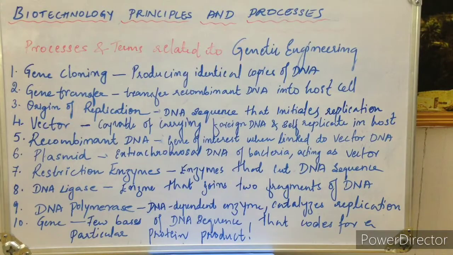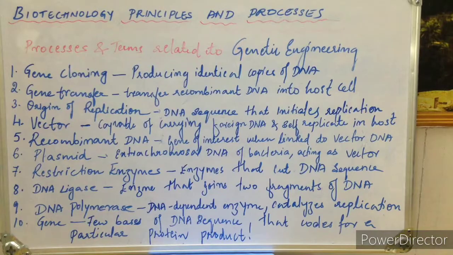In the S phase of interphase, the DNA replication is going to take place, and the amount of DNA is going to double. When this replication takes place, there is an enzyme known as DNA polymerase, which is going to detect the DNA sequence that is going to initiate the replication. That particular DNA sequence is known as origin of replication.